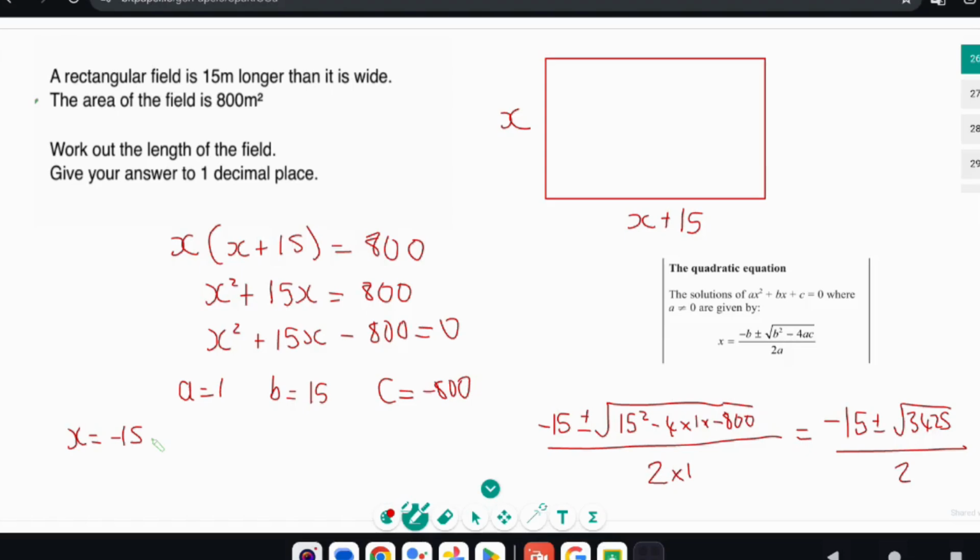So one of our answers is minus 15 plus root 3425 all over 2, which is 21.7. And our other answer, which we have to put over here, is minus 15 minus root 3425 all over 2.